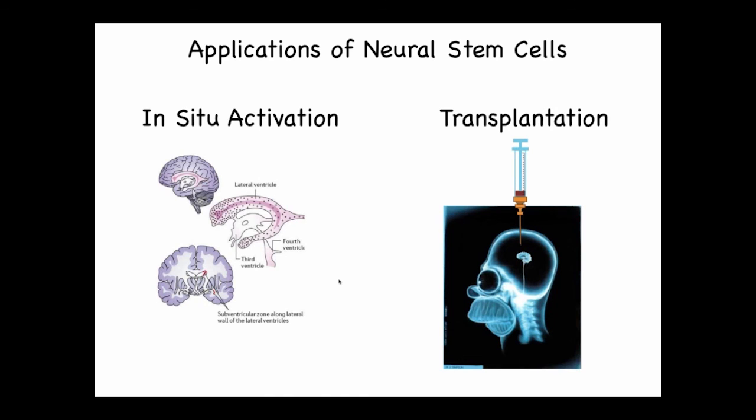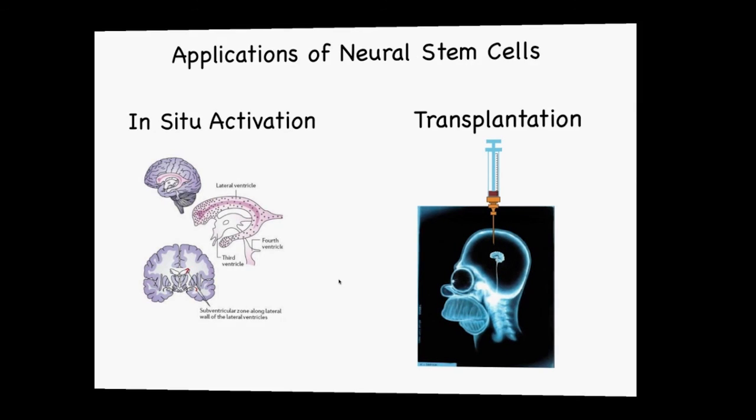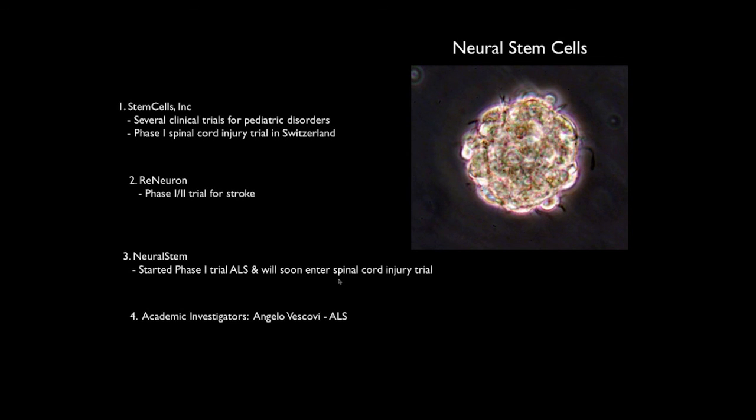It would seem that one of the obvious applications would be using these cells for transplantation because we can generate large quantities of them. And while progress has been slow, there has been progress made. There are a number of entities and labs that are working on this. So for instance, a company in California called Stem Cells Inc.